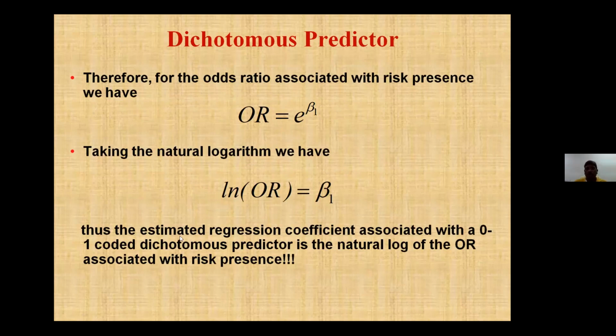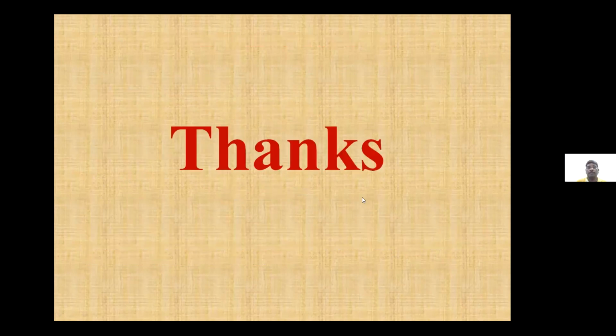Taking natural log, I have discussed all. Thus, the estimated regression coefficient associated with a 0 and 1 coded dichotomous predictor is the natural log of the odds ratio associated with risk present. So these are all about logistic regression and interpretation.